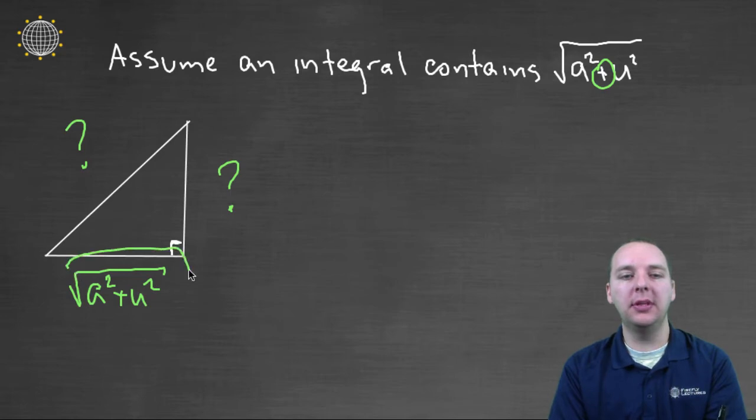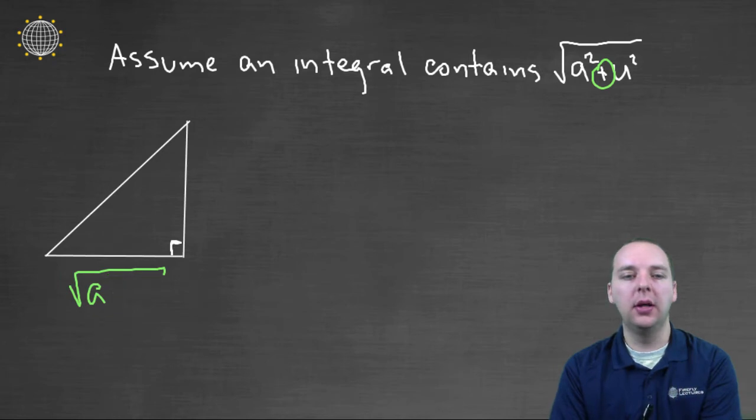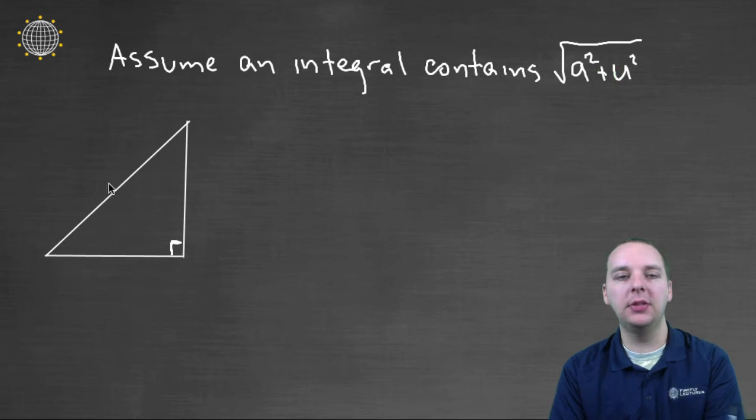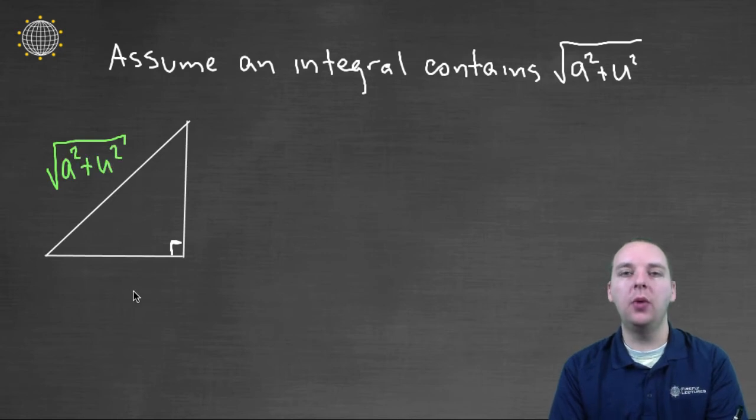So if we shouldn't put this on this edge right here, where would it be more appropriately put? Well, if you think about it, I think you would agree that we should put this on the hypotenuse this time. We'll have the square root of a squared plus u squared on the hypotenuse, and then what would that lead us to believe that this leg and this leg would be, in order that the Pythagorean theorem would still hold?